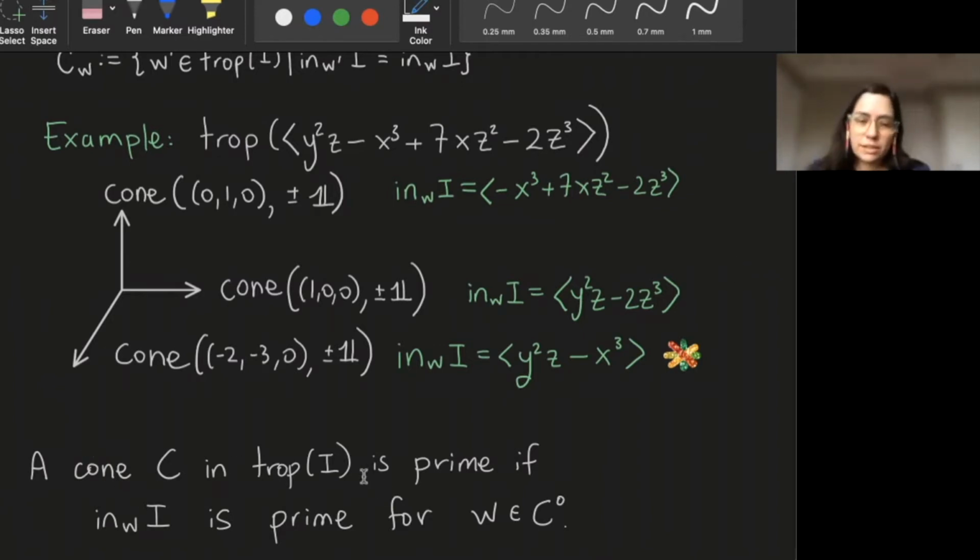A cone in the tropicalization is prime if the initial ideal is prime for one or any element in the interior, it doesn't matter because of the definition of the cones. And one thing that I want to say now is that, whenever you have a maximal cone in your tropicalization that is prime, you'll have a binomial ideal, and because of that, it's going to be the ideal of a toric variety.